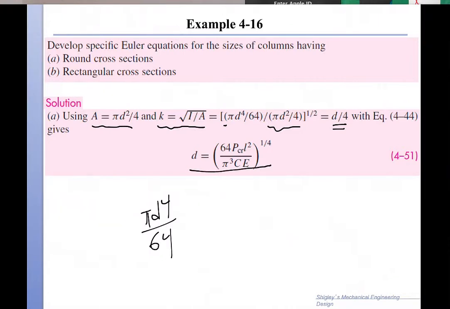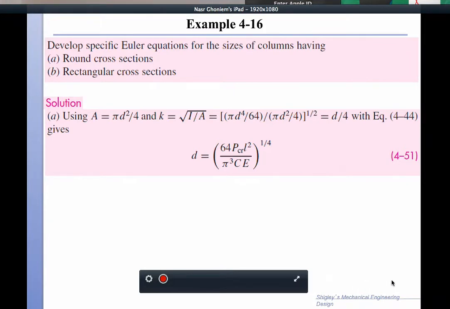In other words, this is the condition such that sigma crit is equal to, depending on the end fixity effect, so we have to include the factor of C. So we have C times E times pi over L squared, and from that we can obtain the diameter for the critical value that will cause buckling.